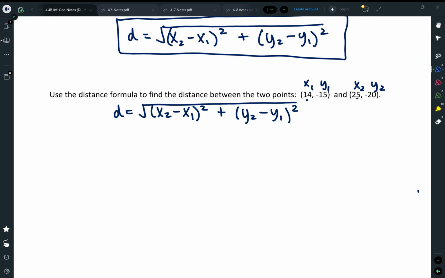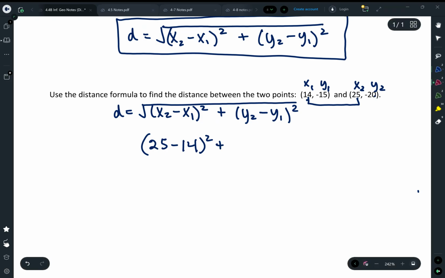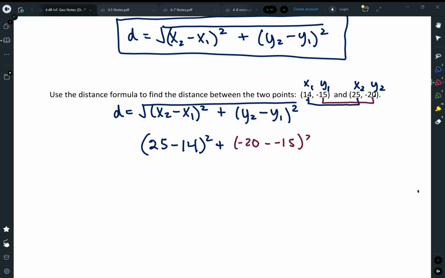And I want to subtract x2 minus x1, so 25 minus 14, because I'm trying to find the length of that side on the triangle. And then my y values would be negative 20 minus negative 15. And then again squaring it.